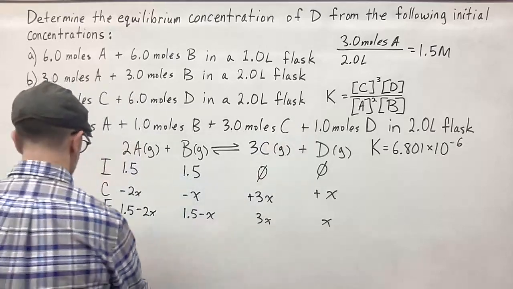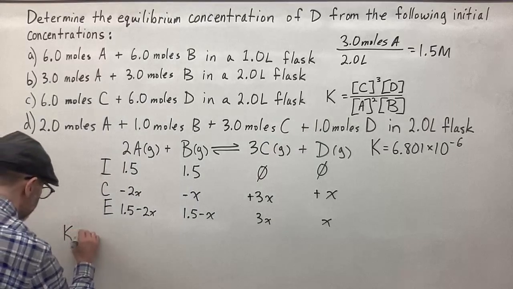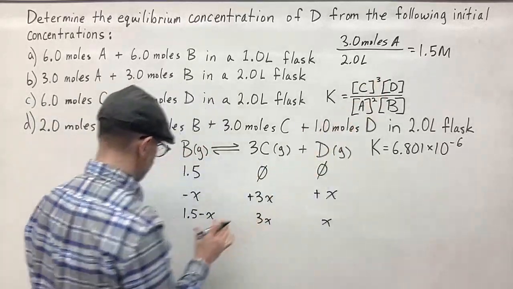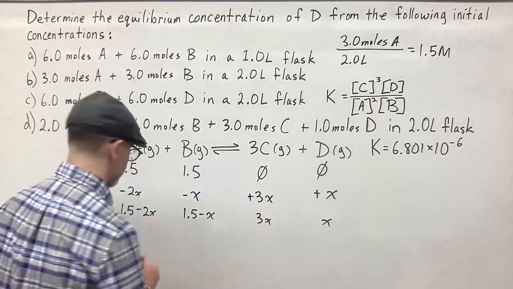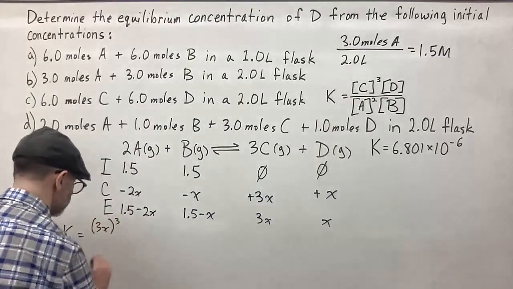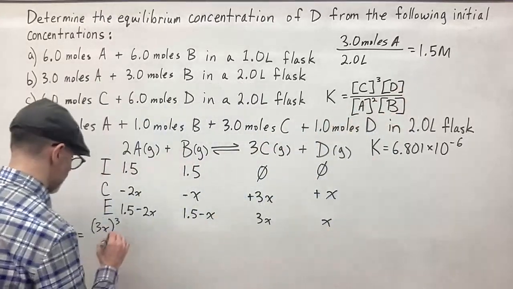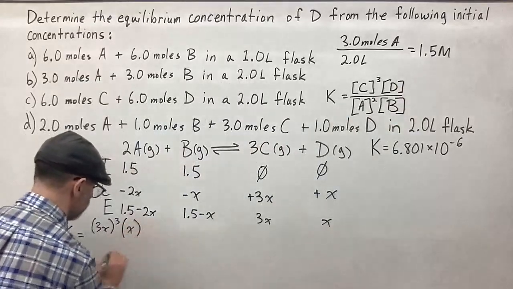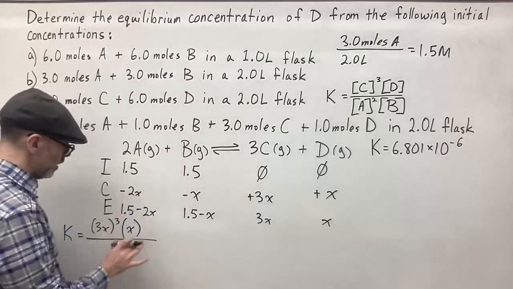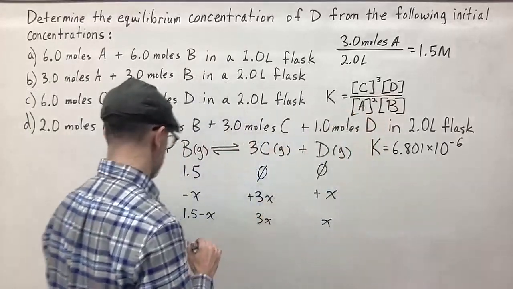Now we're going to put these expressions into our K expression here. So we have K is equal to, again, the concentration of C cubed, so we have (3x) cubed, multiplied by the concentration of D, which is x again. And then we're going to divide by A squared.